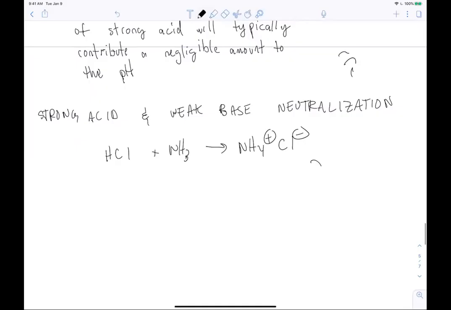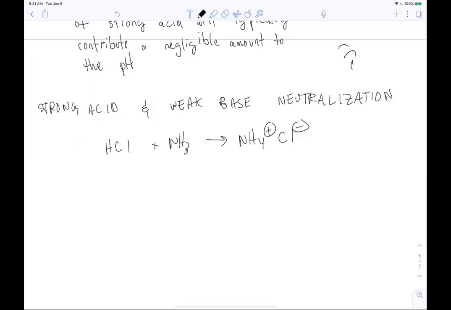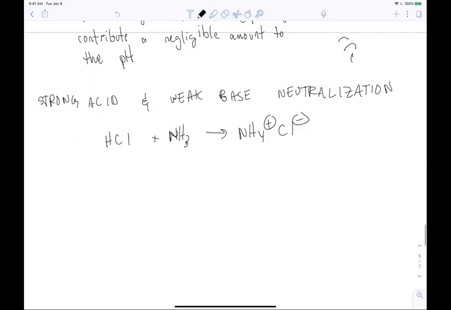Let's just say arbitrarily, it's hard to represent everything that's going on in the reaction, but let's forget about concentration for a second. Start out with 0.1 moles of ammonia.